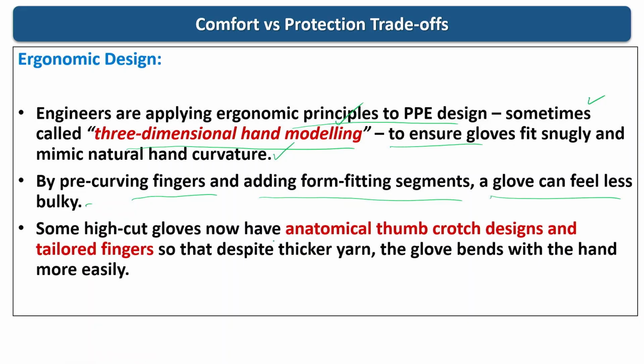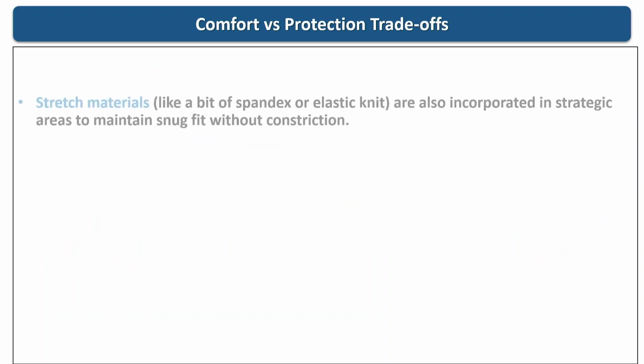Some high cut gloves have anatomical thumb crotch design and tailored fingers, so that despite thicker yarns the gloves bend with the hand more easily. So, again ergonomic design is there, those innovations are there.